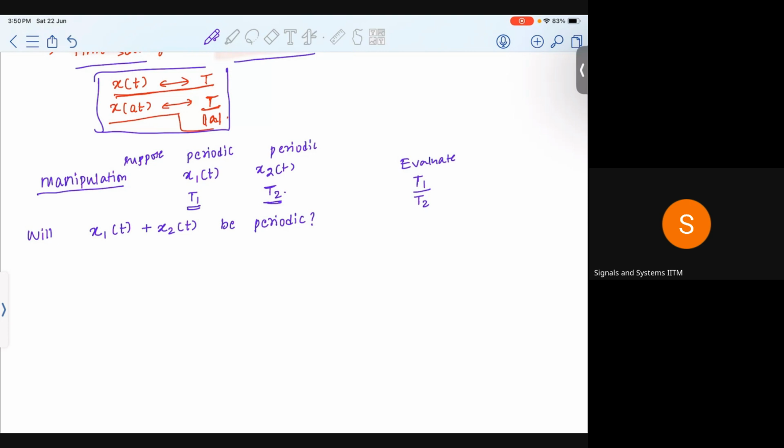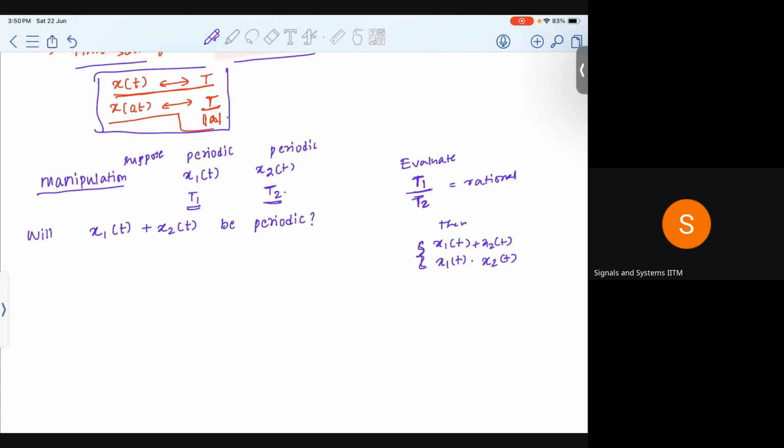If this is a rational number, then x1 of t plus x2 of t, or any manipulation like x1 of t multiplied with x2 of t, is periodic. If the fundamental period of the first signal divided by the fundamental period of the second signal is a rational number, then even these signals are periodic.